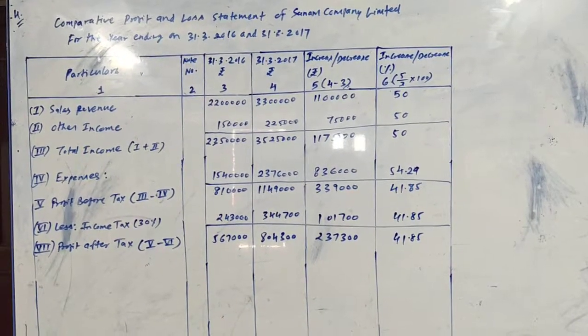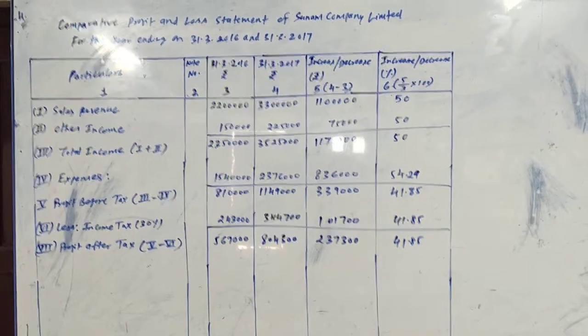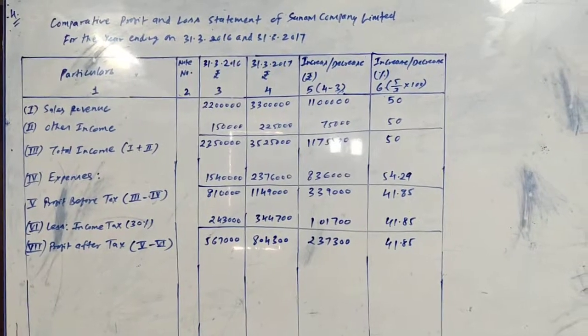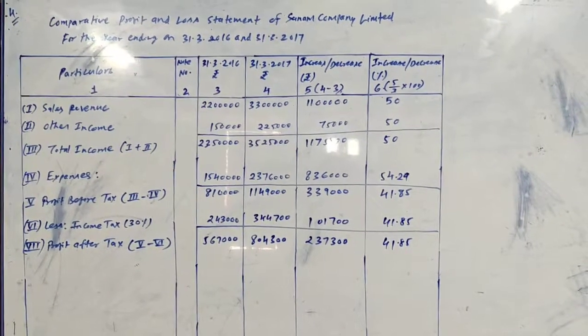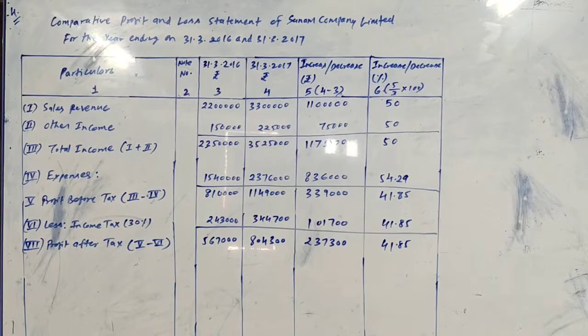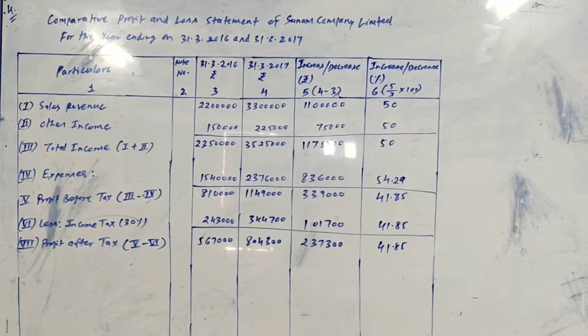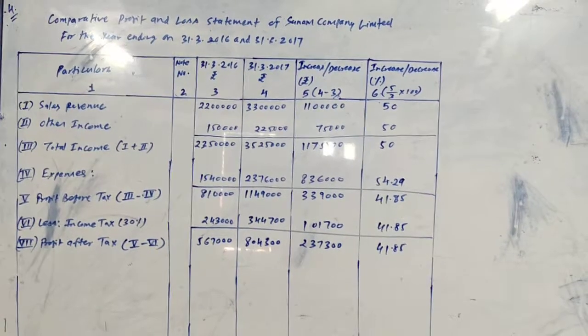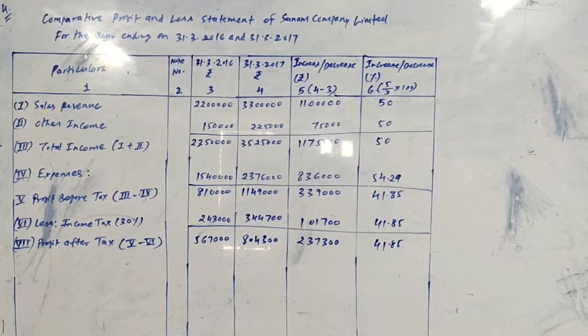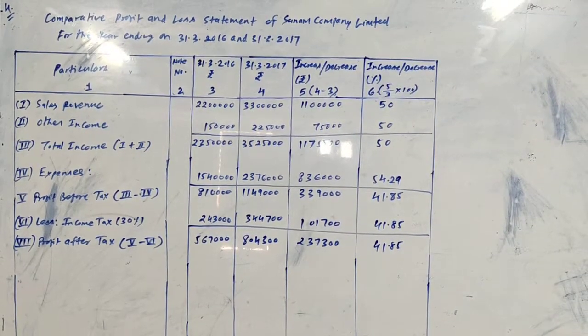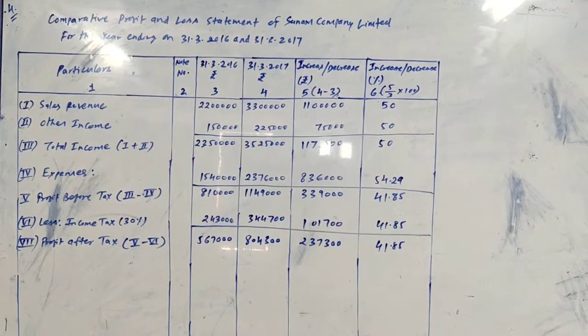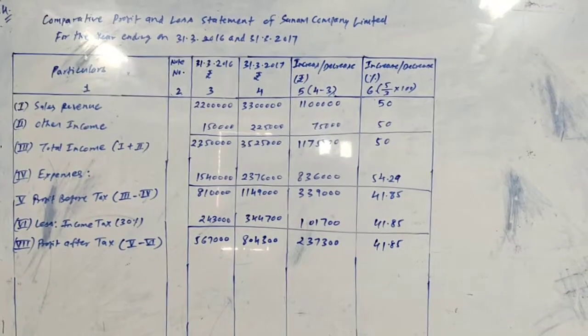Okay friends, and finally profit after tax, what is it? PBT minus tax, that is profit before tax minus taxes. So we get 8,10,000 minus 2,43,000, that is 5,67,000 for the year 2016, and 11,49,000 minus 3,44,700, that is 8,04,300 for the year 2017.